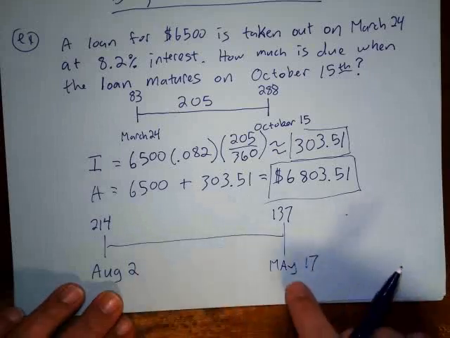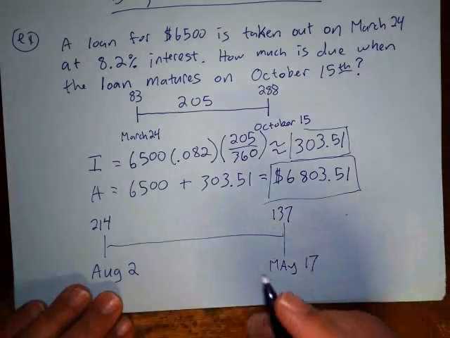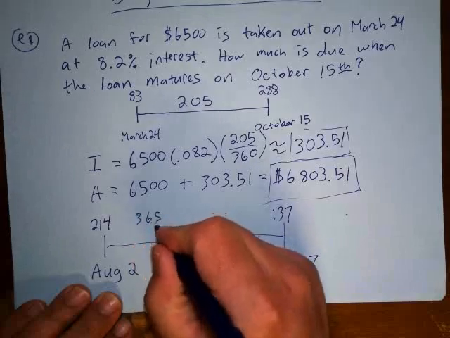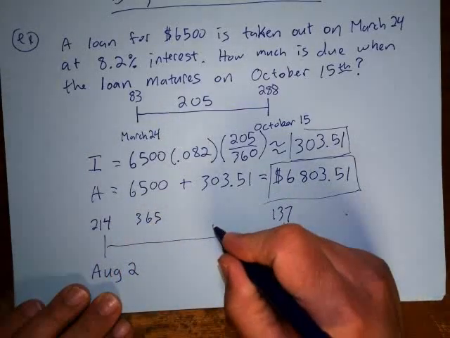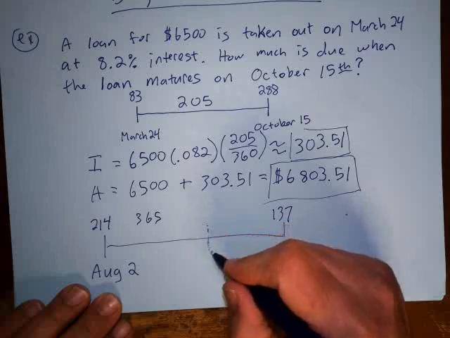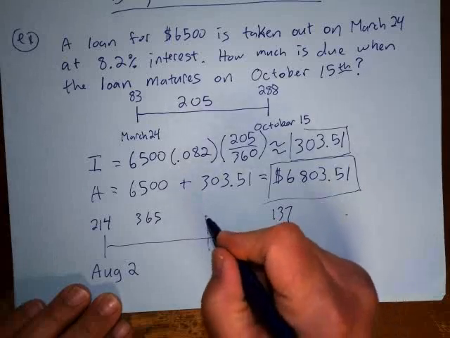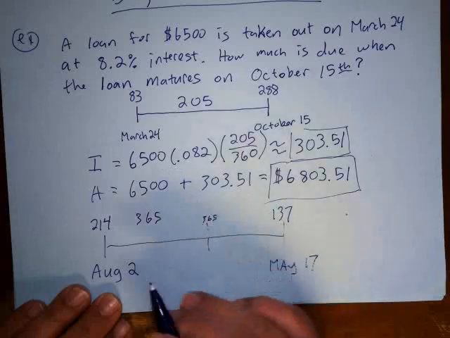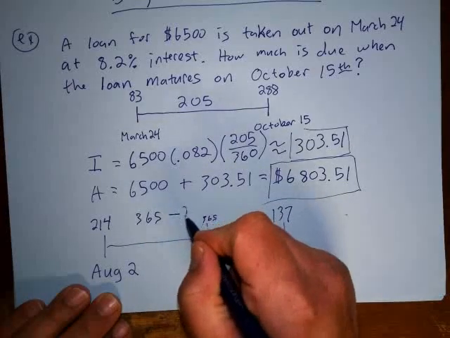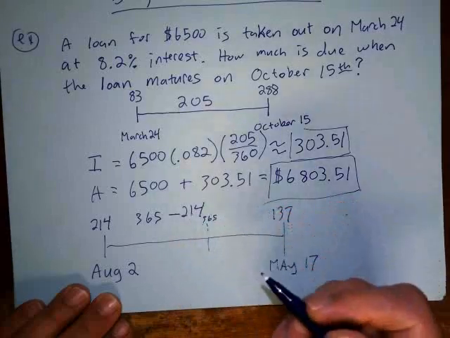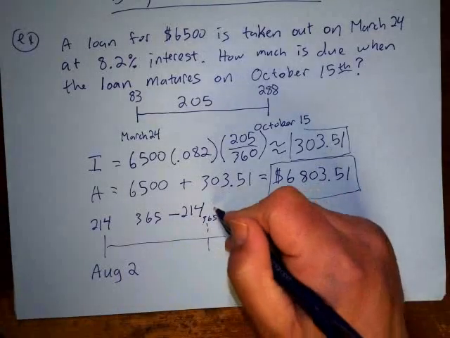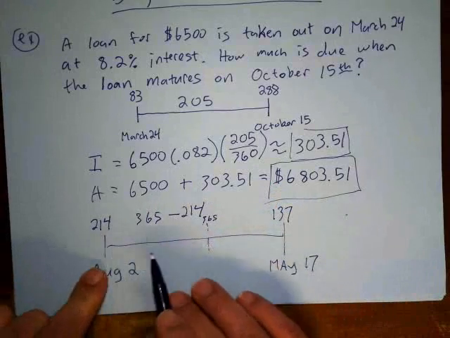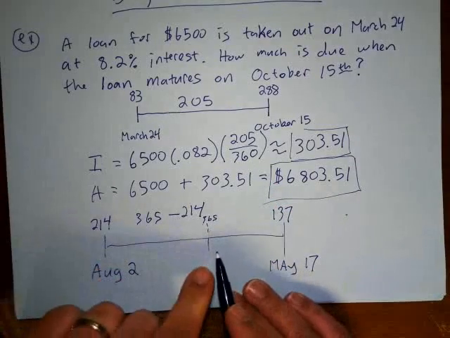Okay, so here's the way that I do this. I take 365. That's how much to the end of the year, whenever that is. The end of the year is like 365, right? And then I subtract the 214, okay? That'll be the number of days from August 2nd to the end of the year.